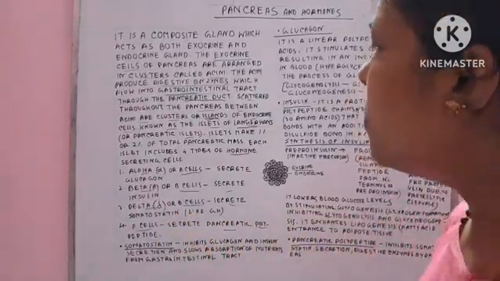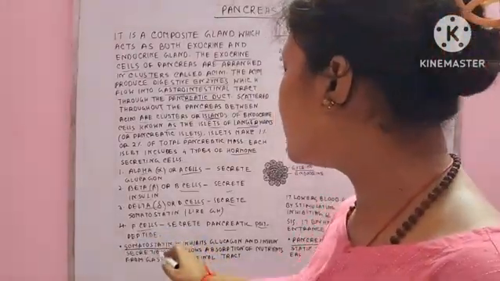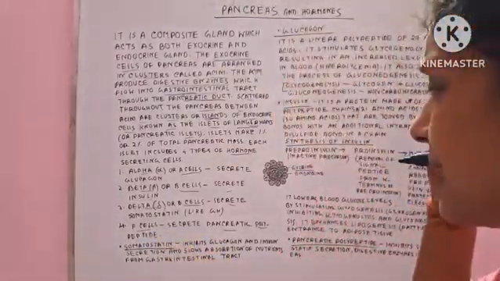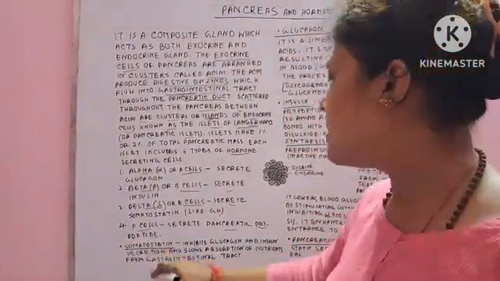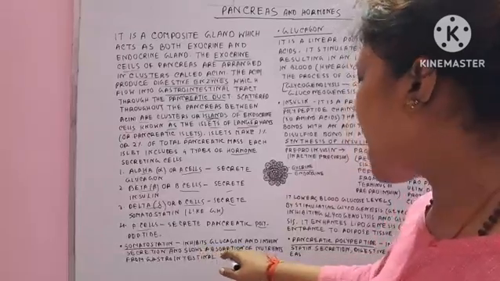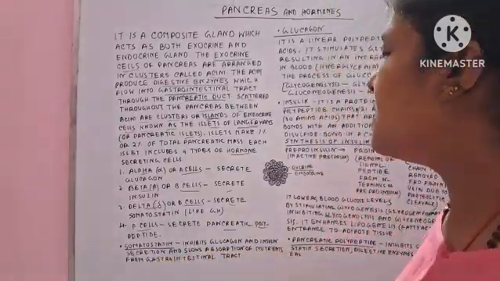Clear? Now, what is the role of somatostatin? It inhibits glucagon and insulin secretion and slows absorption of the nutrients from the gastrointestinal tract.